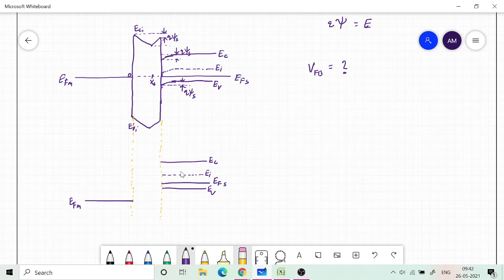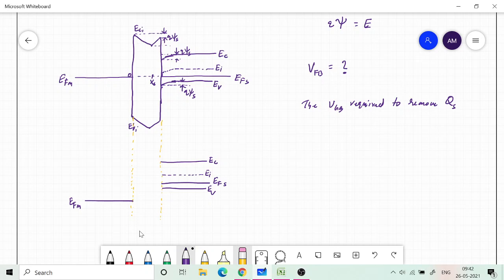So basically, in order to have a flat band, the requirement is that your QS is zero. This is the question I asked: what is the flat band voltage here? The answer is that it is the VGB required to remove QS, or make QS, that is the charge in the semiconductor, 0. If charge in the semiconductor is 0, what does that mean?